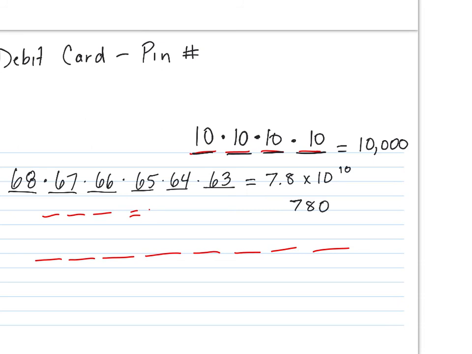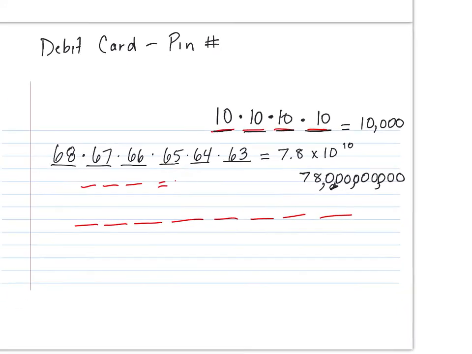I need 9 more zeros. Correct? And put your commas in there. So you have 1 out of 78 billion chances of winning. Like I said, the chance of you picking the Powerball, it's better to get struck by lightning.